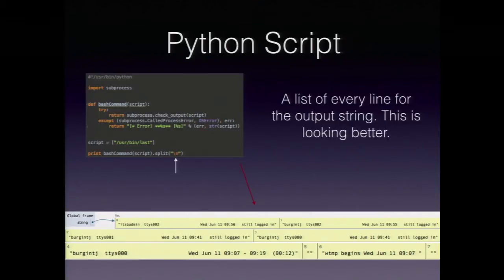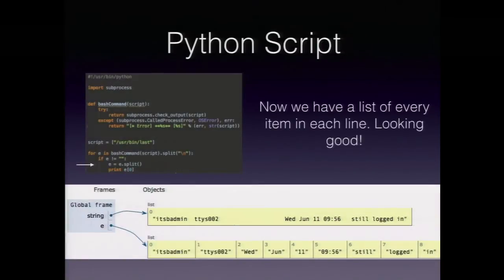So we have our split command. We go on to our for loop, and this allows us to take this element here, which will be split up using this right here. This is what it looks like in memory. The element has every item in that line.